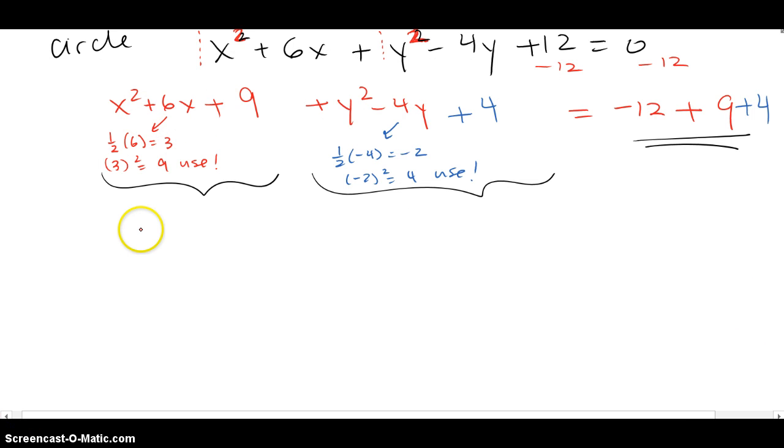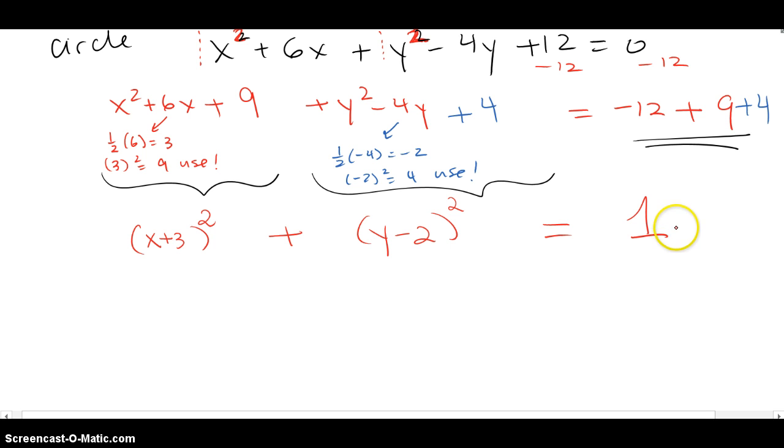Now that allows me to factor the left-hand side as x, remember the number you saved, plus 3 squared. So x plus 3 gives me this trinomial. Plus I can factor this into two binomials, y minus 2, whatever number you got there, squared. So y minus 2 gives me that trinomial. And then simplify the right side and simply add them, which gives us 1.